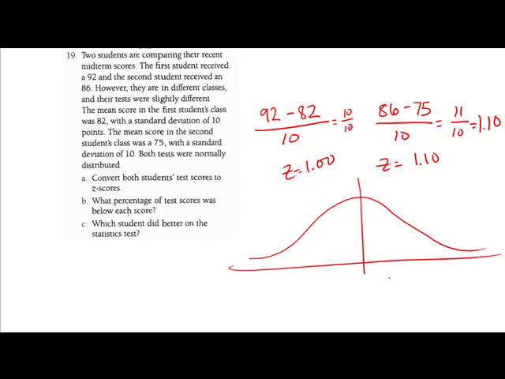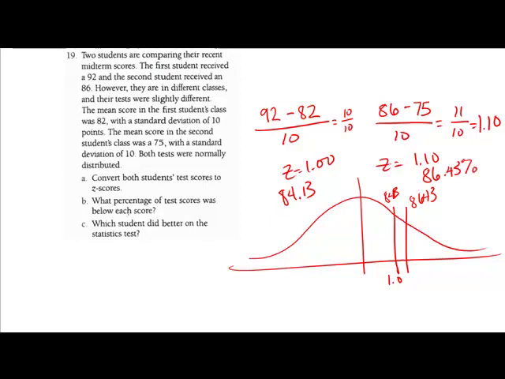Well, if I've got a z-score of 1.0, that's the 8413. And a 1.10 is 86.43%.